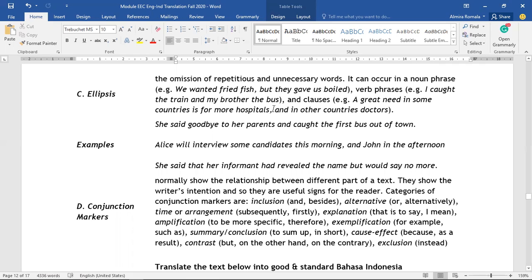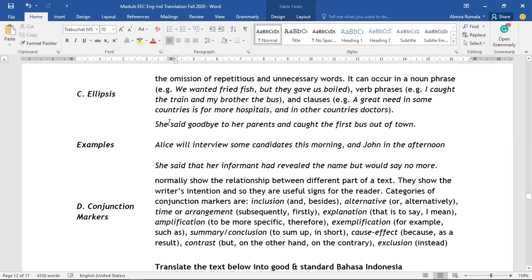And then the next example, let's do this. She said goodbye to her parents and caught the first bus out of the town. So it is also an example of ellipsis. Do you know which part is omitted? Yeah, the subject.